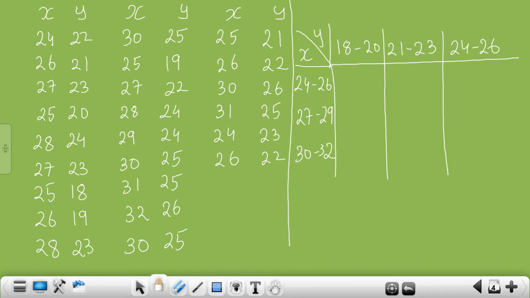So for that case we will need to plot that particular mark at x equal to 24 to 26 and y equal to 21 to 23. Right, so we will do that.